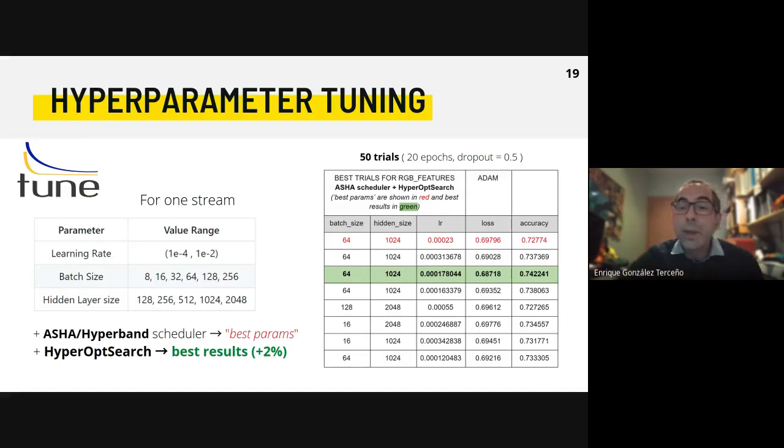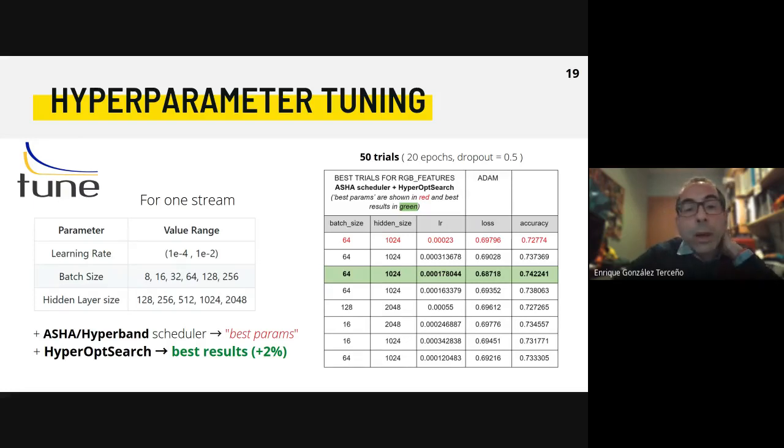A summary of the best results is shown in the table on the right, where you can see that the previous so-called best parameters, obtained by using the default search algorithm, are the red ones, and were used as input parameterization for hyperopt search. Its execution was done in first place by the algorithm, and after that it made the rest of the trials.